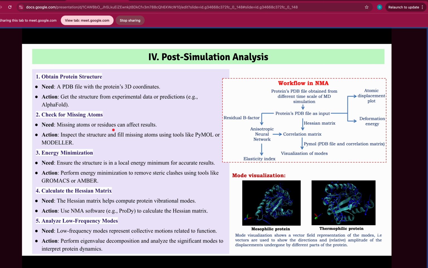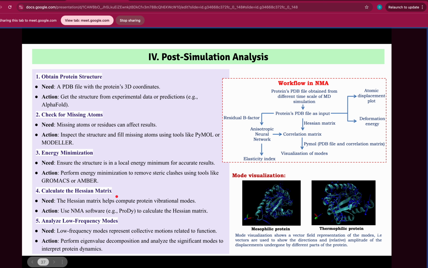We add those missing atoms by using different tools, such as PyMol, Modeler, or WinCoot. Then we undergo energy minimization. We minimize that structure to remove steric clashes, and for this we can use different force fields, Gromacs, Amber, and all those things are kept the same.